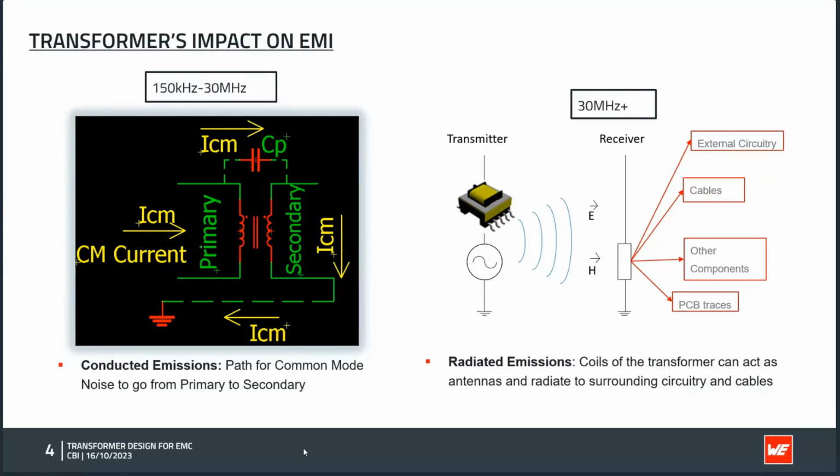So we are here really in a range of wire length that can work as an antenna. And this radiated emission, it can couple into everything, into PCB traces, into other components, into cables, even into external circuits surrounding maybe your power supply. So in order to keep the radiated emission low, we want to improve the behavior of the transformer.